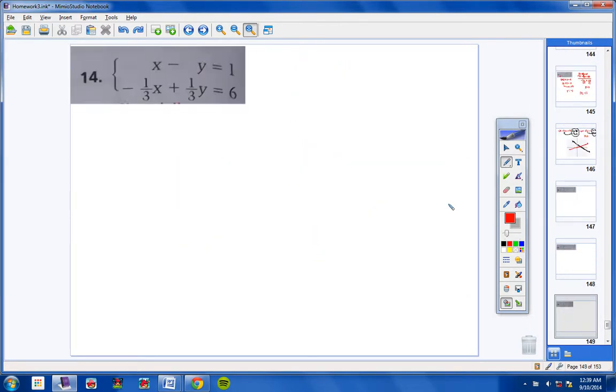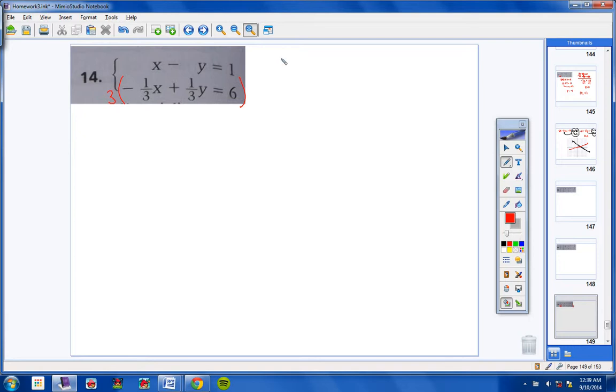Number 14. Now, first of all, it would be a really good idea to get rid of the fractions in the bottom equation. I have a denominator of 3, so I'm going to multiply the bottom equation by 3.